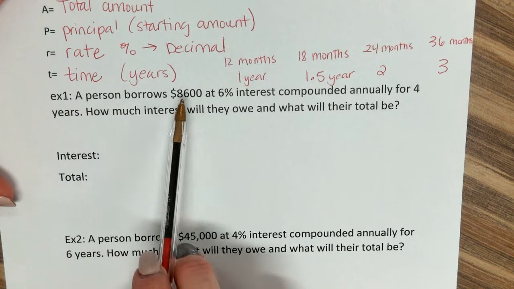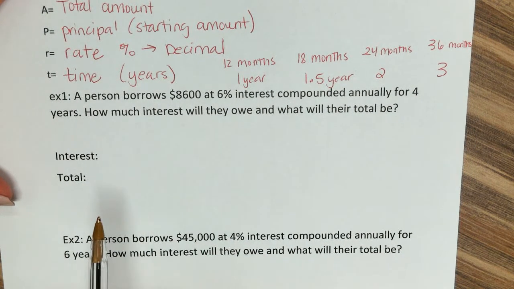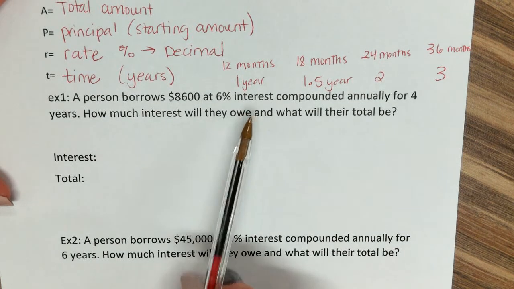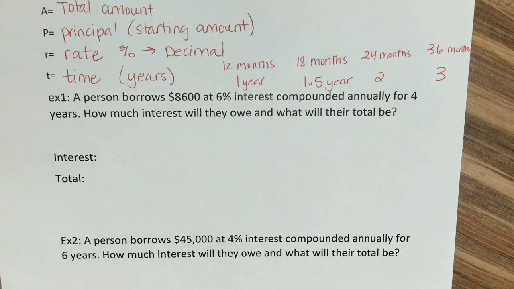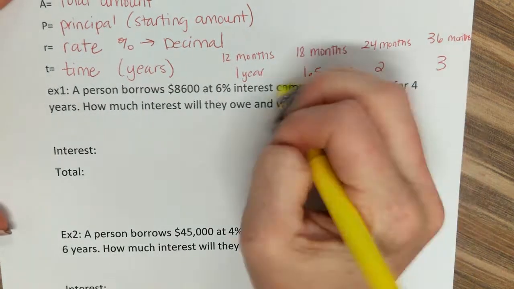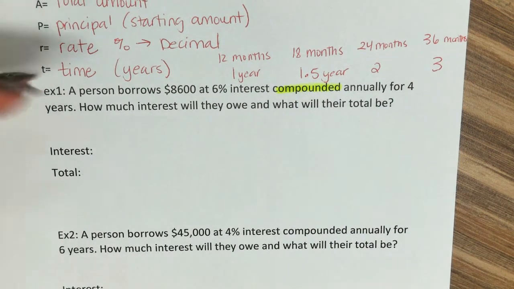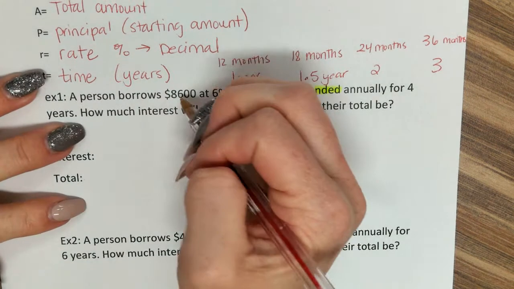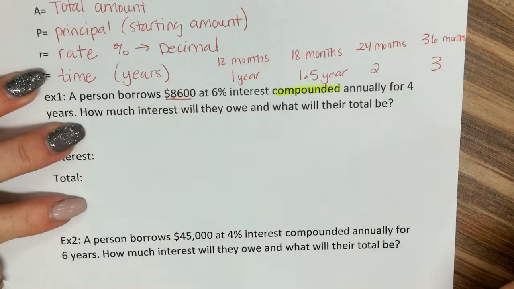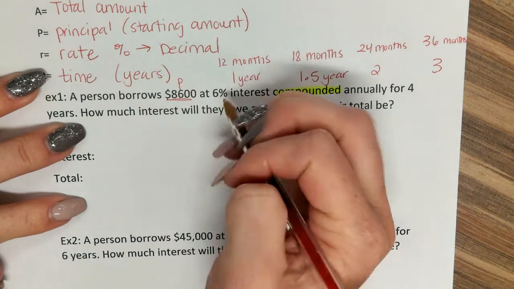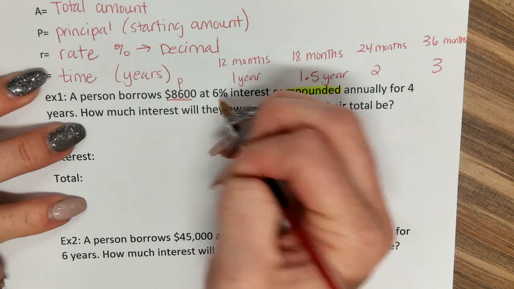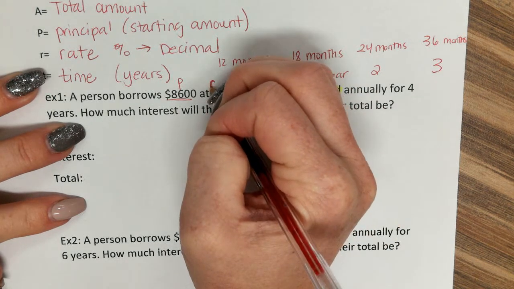A person borrows $8,600 at 6% interest compounded. So they're always going to either say simple interest or compounded. That'll tell you which formula to use for 4 years. All right, here we go. What is this number? That's the P. What is this number? What do I have to do to this number?